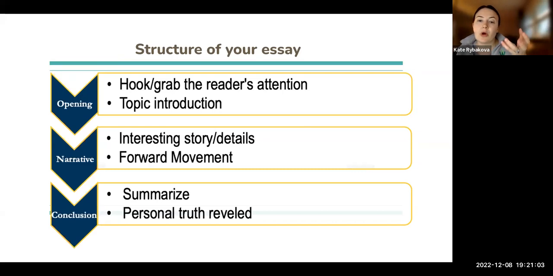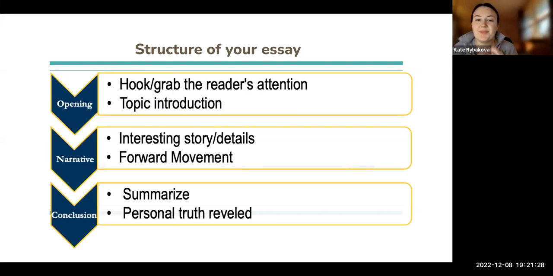So if you start with a quote, and then introduce a topic, that's definitely a really good intro paragraph. And then you jump right into your narrative. So the biggest section of your essay is going to be about your story and the details of it. And then some moment that is sort of an eye-opening thing for you.